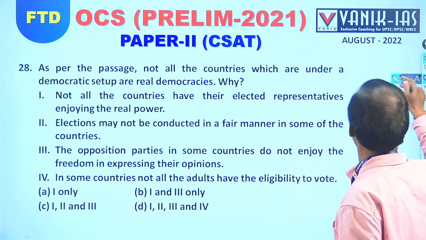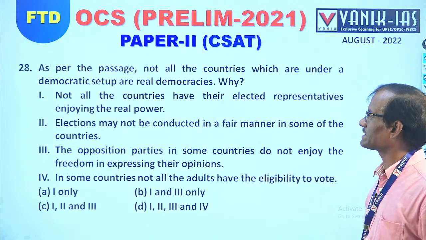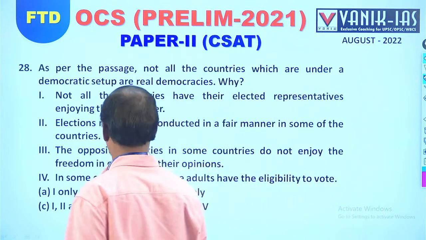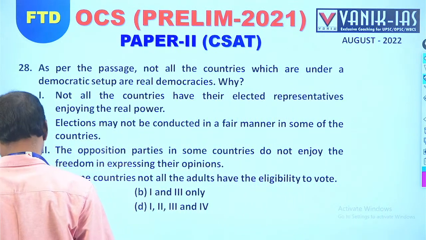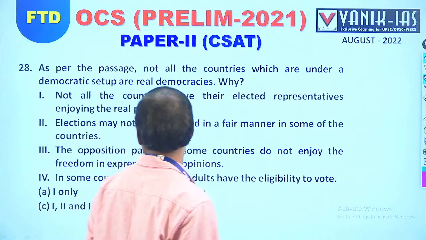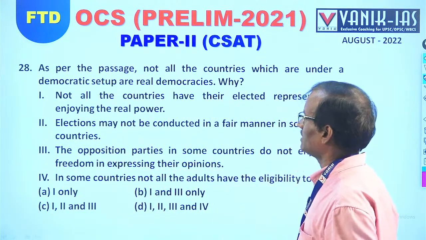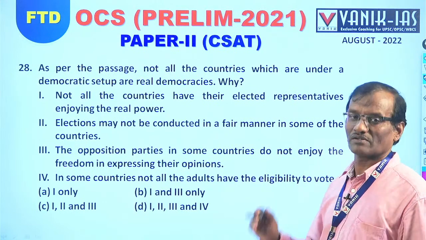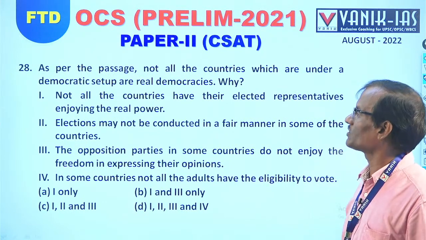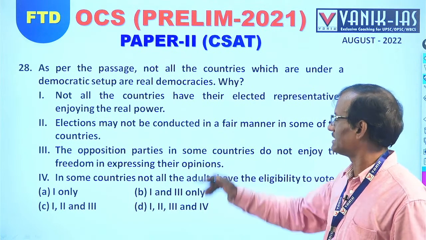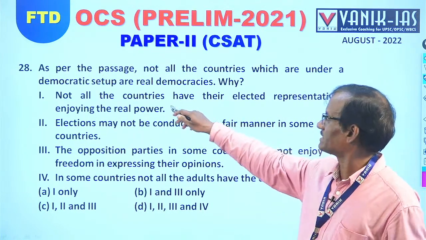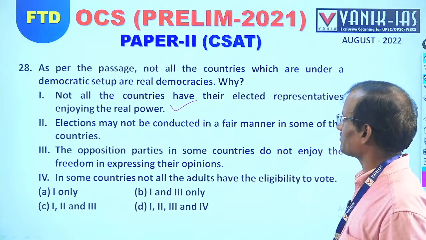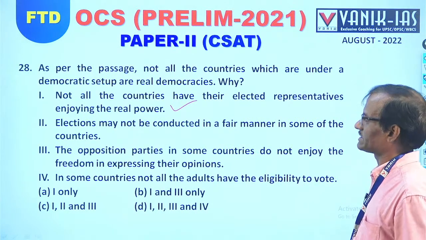28. So we shall now come to the fifth passage. As per the passage, not all the countries which are under democratic setup are real democracies. Why? Not all the countries have their elected representatives enjoying the real power. That is mentioned. That is one of the reasons. Elections may not be conducted in a fair manner in some of the countries.